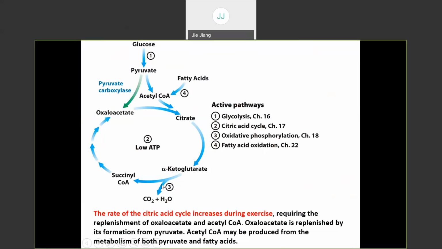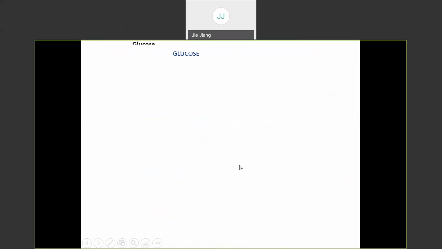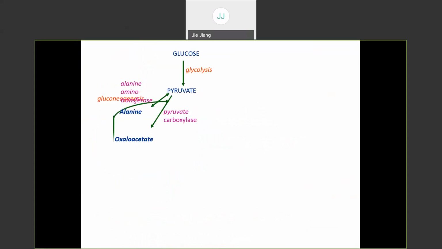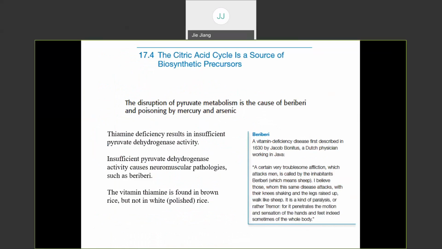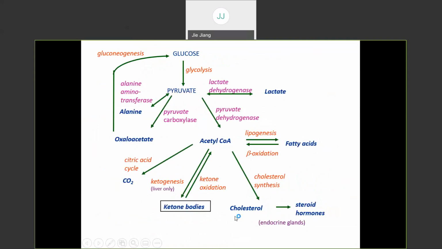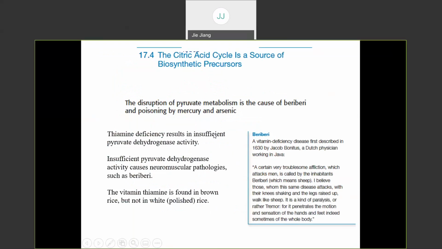And then the NADH and the FADH2 will enter the oxidative phosphorylation. Okay, so it's really like a big, big hub. Here, this graph, probably when we finish chapter 18 and chapter 22, we will go back and check this chart. It makes more sense. Okay.